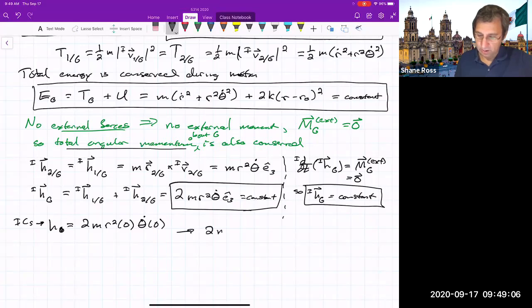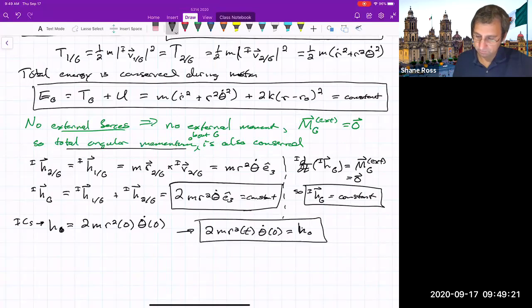We have that 2m r squared. Let me put in explicitly the time. I think that helps. At some later time, theta dot at some later time has to equal this constant value.